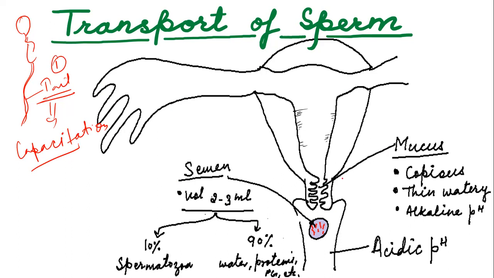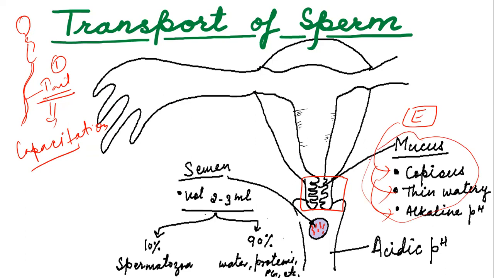The second thing is the changes in the mucus under the effect of estrogen. Under the effect of estrogen, the mucus of the cervix becomes copious and thin in consistency. Also the pH is alkaline.